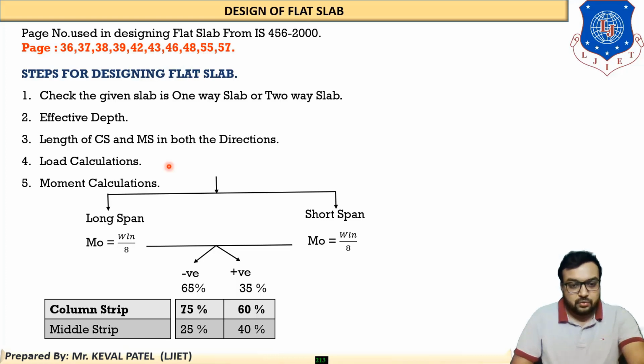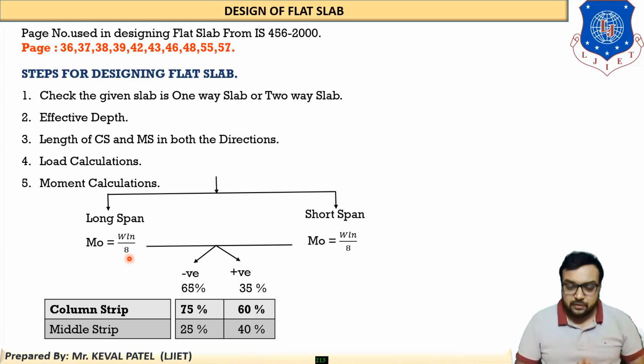So students, move to page number 55, in which the equation is M0 equal to capital W into Ln divided by 8. What is Ln? Ln means clear span, meaning the inside to inside distance of the slab.